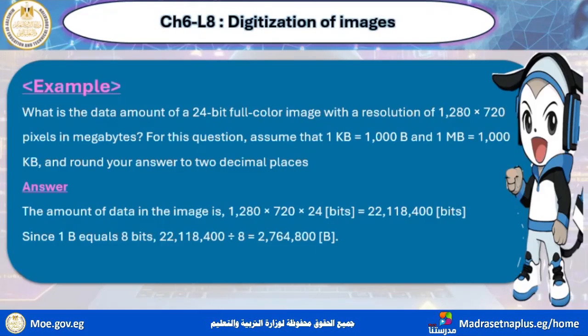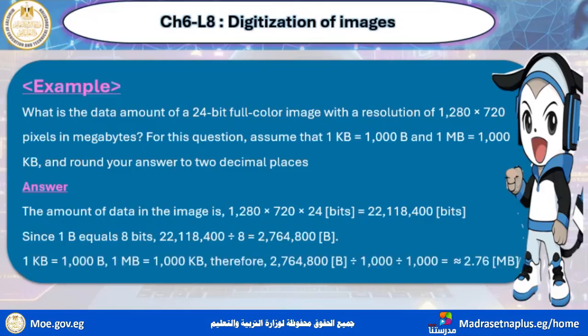Now it's time to convert to kilos, then to mega. 1 kilo equals 1000 bytes, and 1 mega equals 1000 kilobytes. Therefore, the number of bytes will be divided by 1000 to convert to kilos, then by 1000 to convert to mega, which is rounded to 2.76 megabytes.